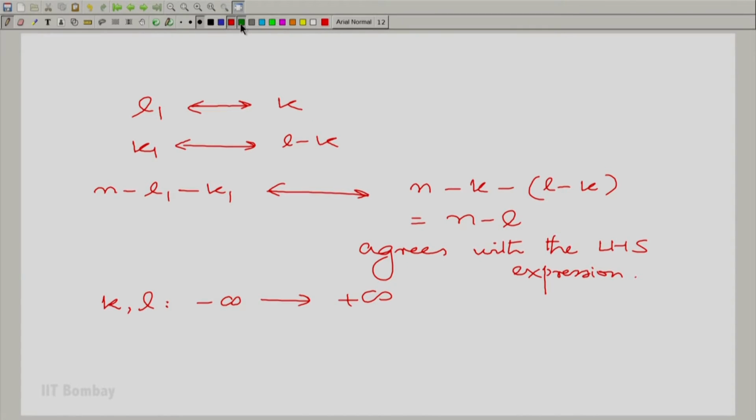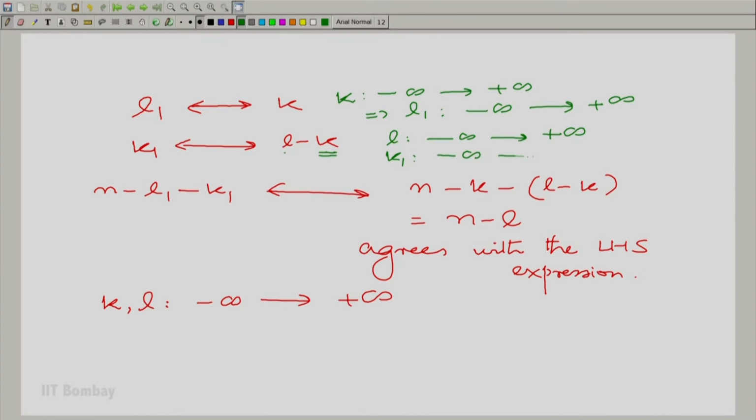If k goes from minus to plus infinity, then of course L1 goes from minus to plus infinity. And now fix k. For every fixed k, when L goes from minus to plus infinity, then so does k1.